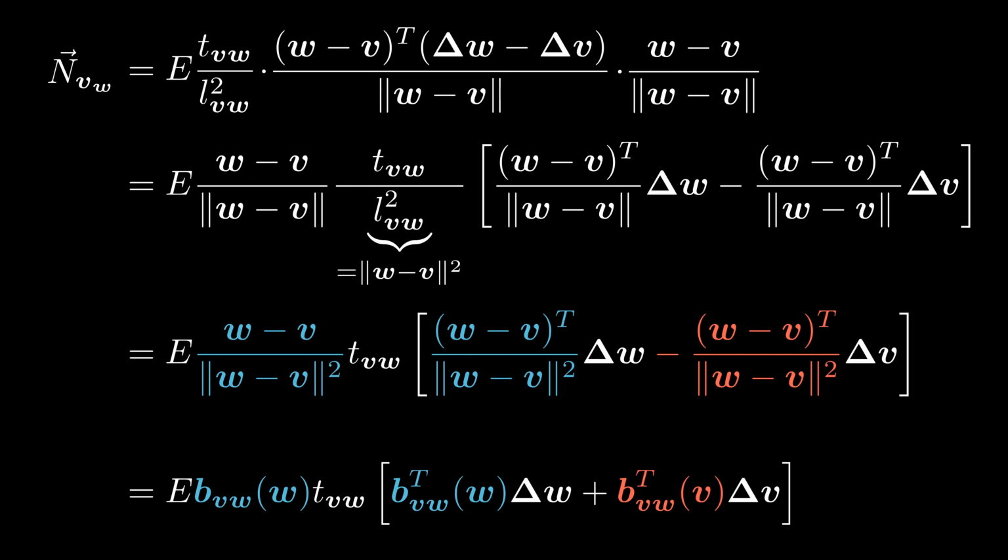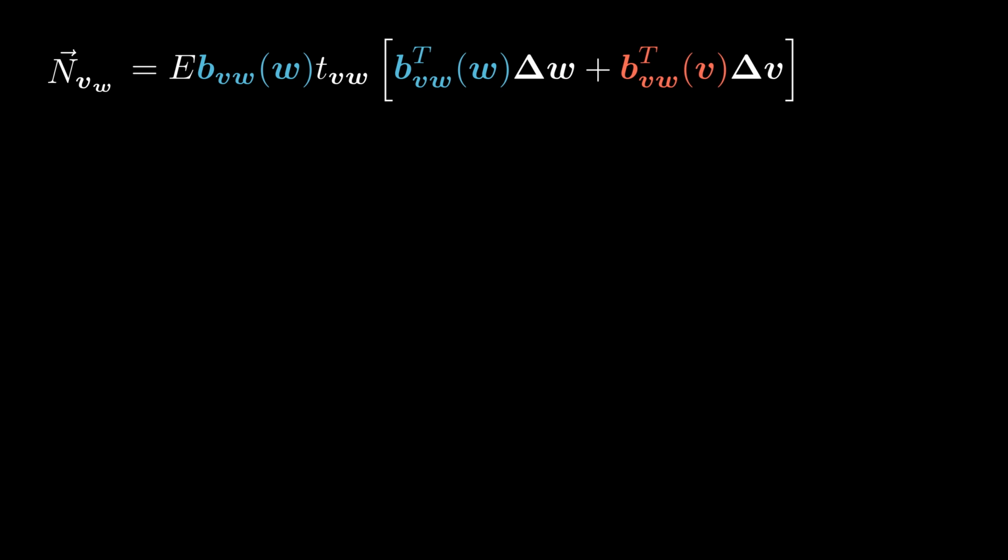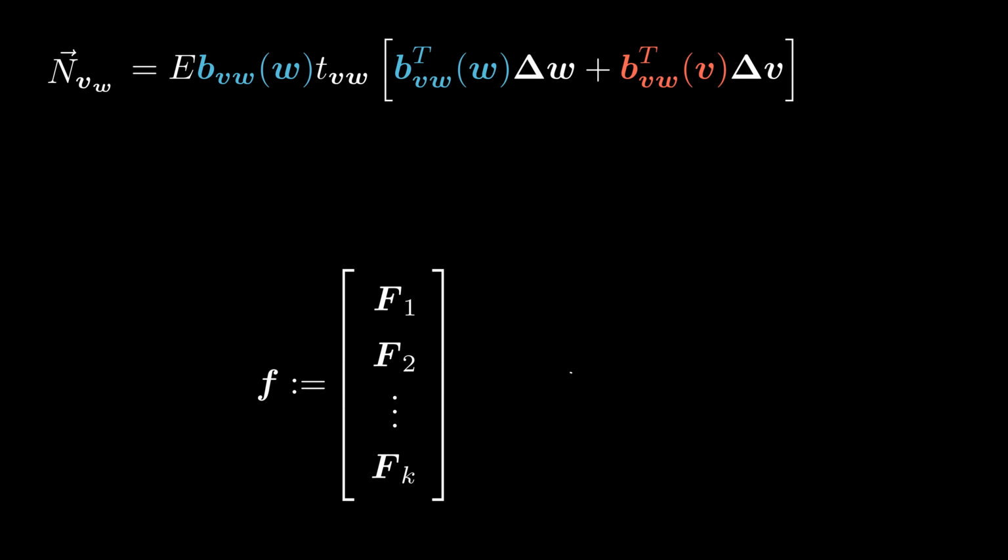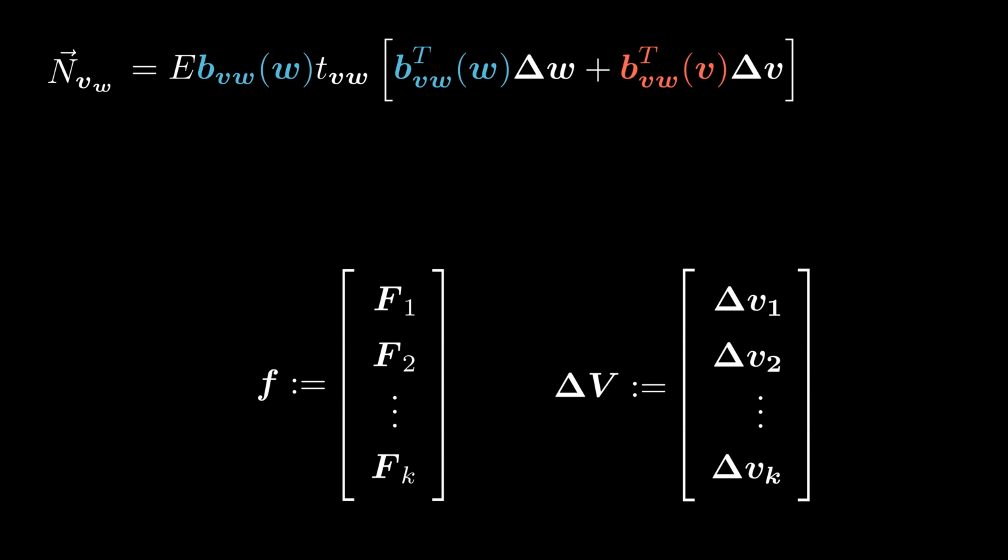For the scenario where we assume a given truss has k many free nodes to which forces can be applied, we define a vector f containing k vectors from R2 and additionally to this a vector delta capital V representing the corresponding displacements of these k nodes. With these definitions we can simplify the right-hand side of the above equation even further.